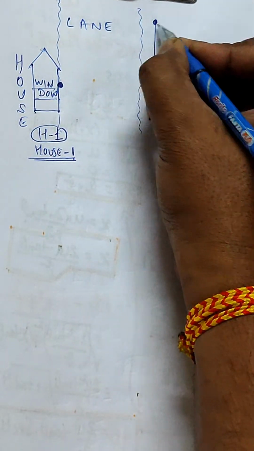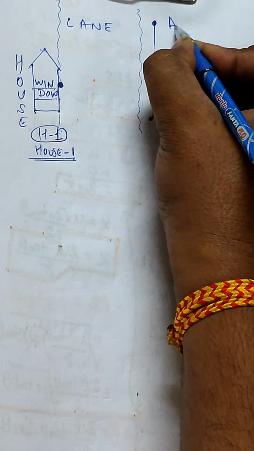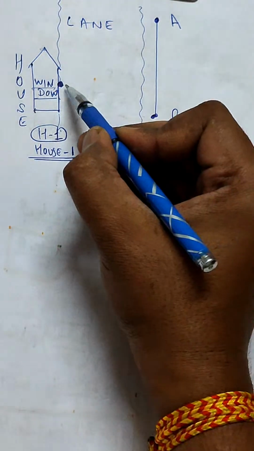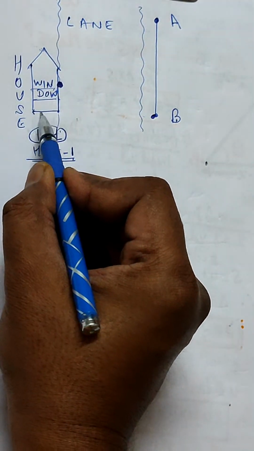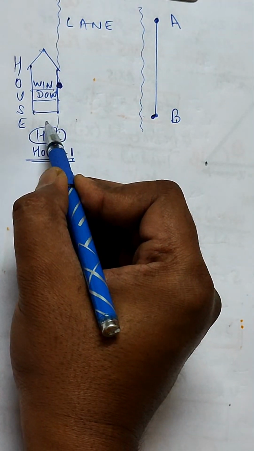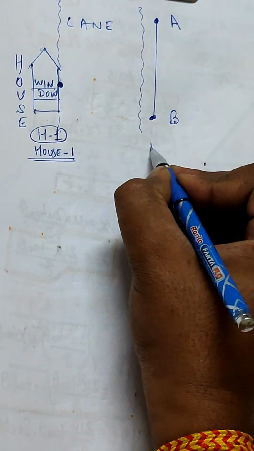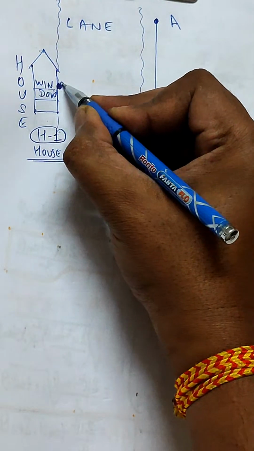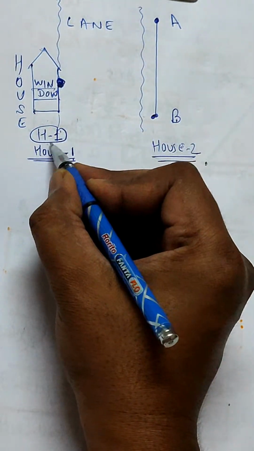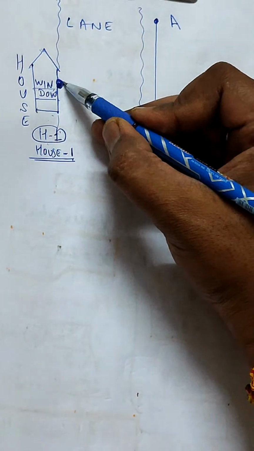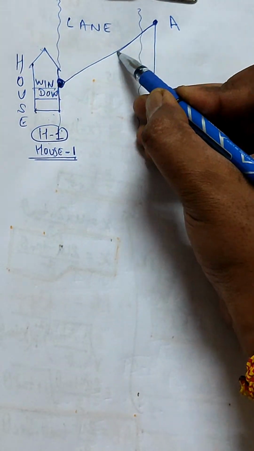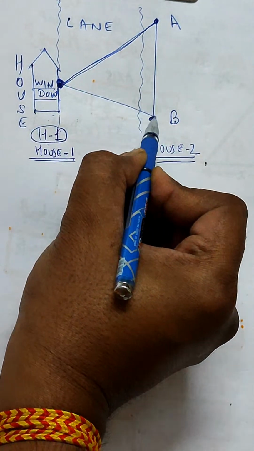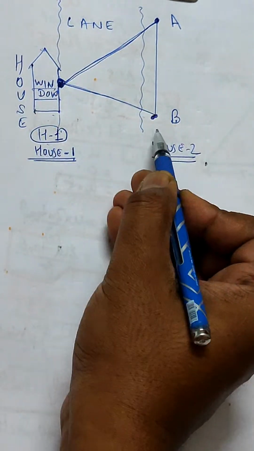This is the top of the house, let's say A, and this is the bottom of the house at ground B. From the window in house 1, this is house 2, we are given the angle of elevation of the top and the angle of depression of the bottom of the second house on the opposite side of the lane.